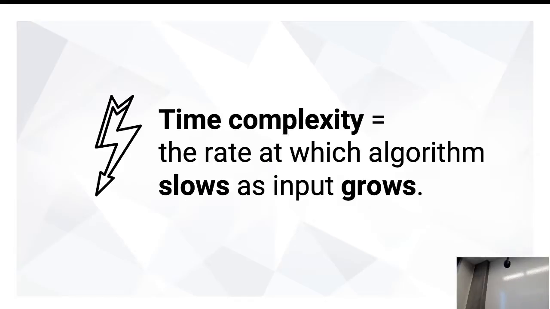We are trying to determine how efficient this algorithm is, and the best way is to see how slow it gets as the input grows bigger, right? If the algorithm is getting slower and slower as the input is going, this means that this is not an efficient algorithm. We cannot use this in cases where we have big arrays, or large amount of data.